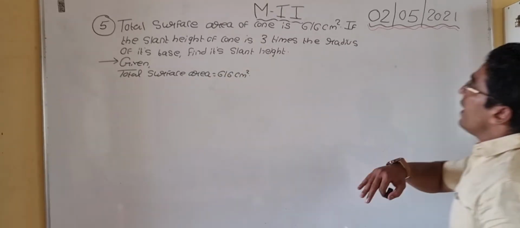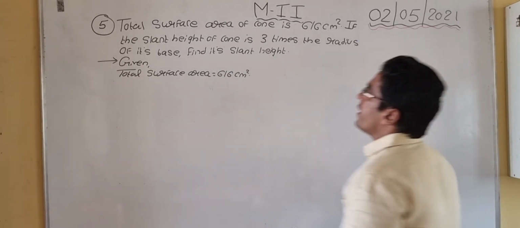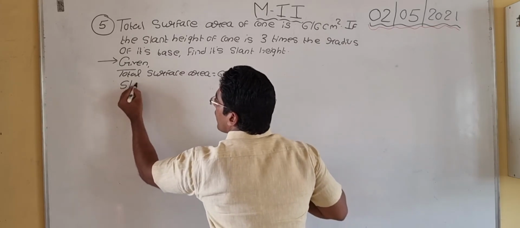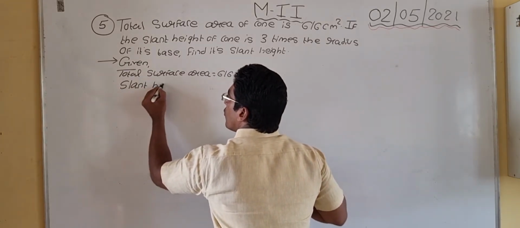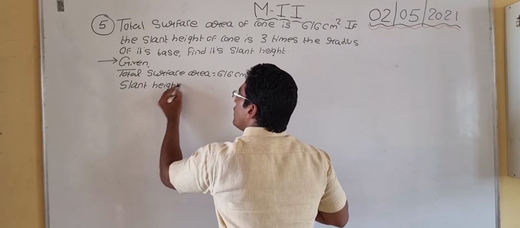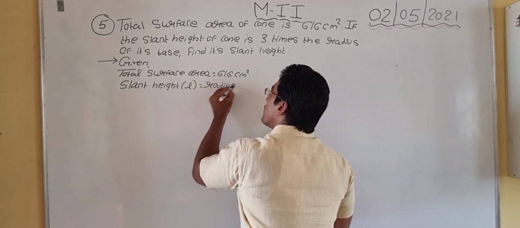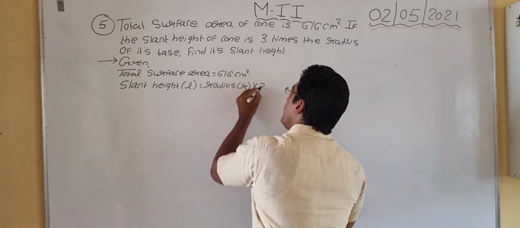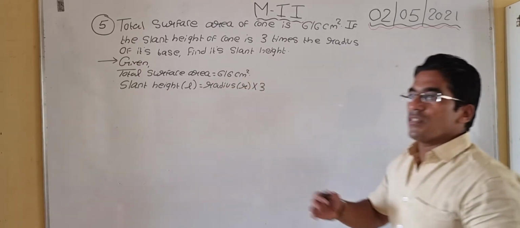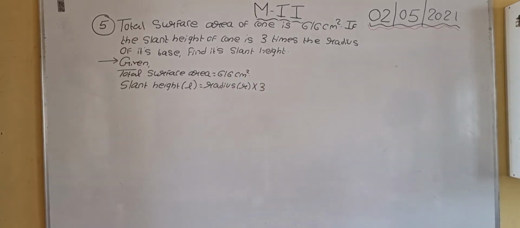Now, if the slant height of cone is 3 times the radius, slant height, that is L, 3 times the radius, that is radius r multiplied by 3. 3 times means we are going to multiply it by 3.